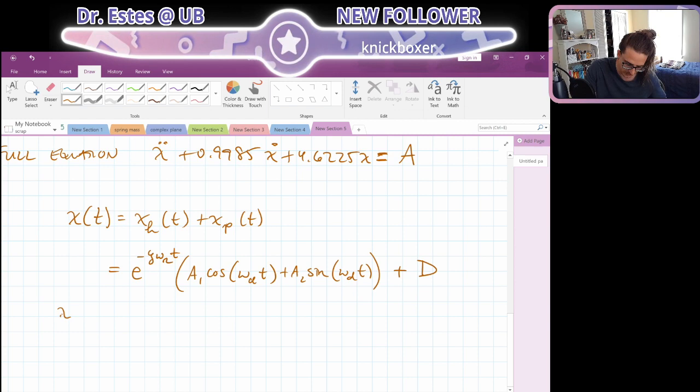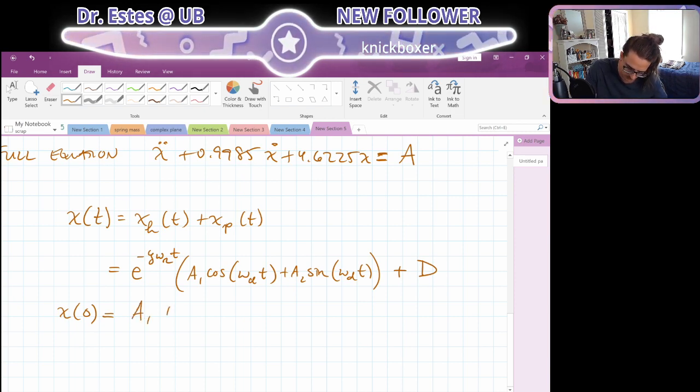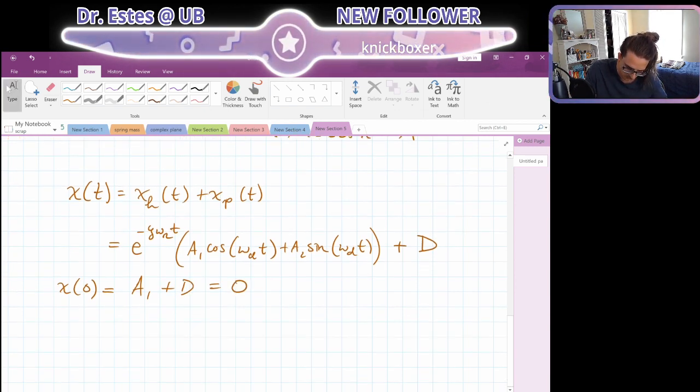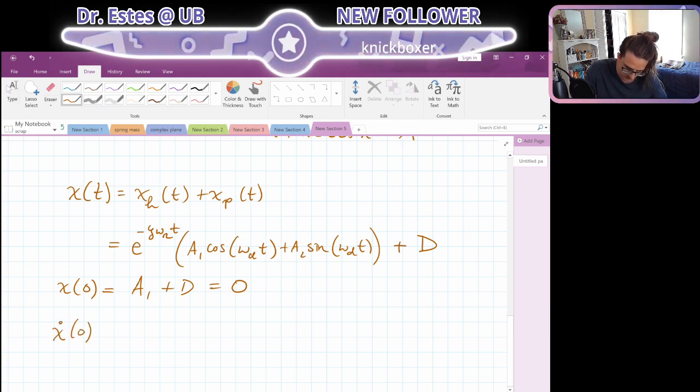And I know that the initial condition, it starts at 0. So that's going to be a1 plus d equals 0. And x dot 0. Oh, it's always this thing. So the time derivative, I always have to write this out because I forget.